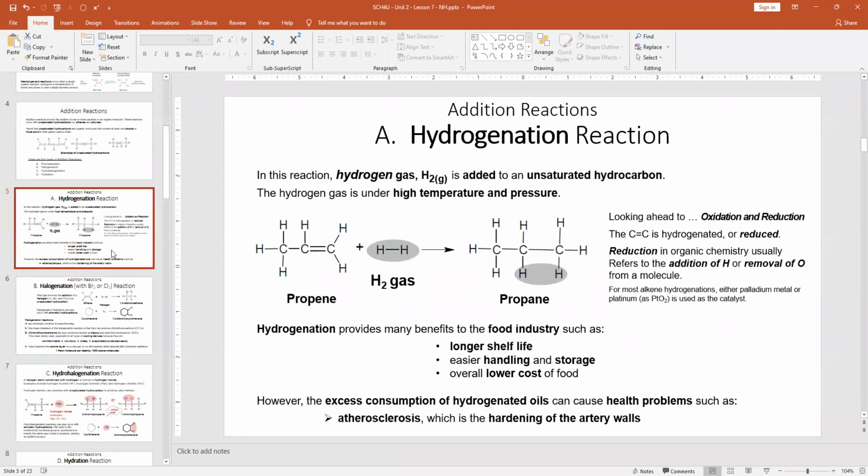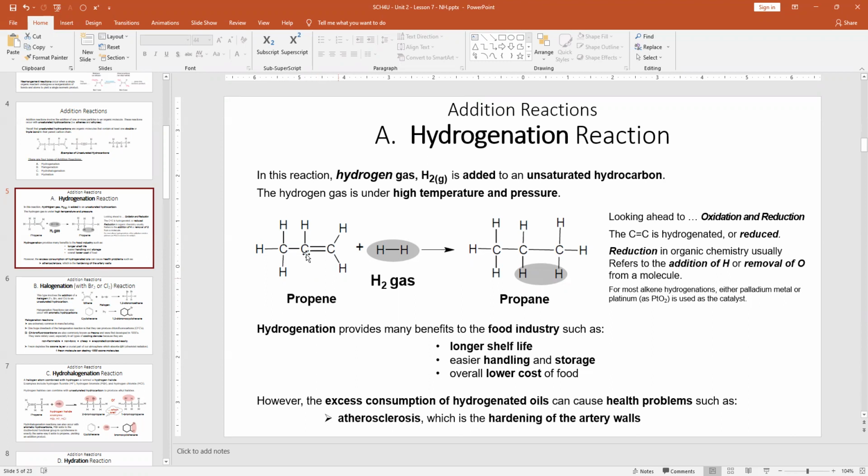So the first type, the hydrogenation reaction, and as the name suggests, it involves hydrogen. In this reaction, you have hydrogen gas, H2, added to an unsaturated hydrocarbon. So again, it's an unsaturated hydrocarbon, either an alkene or an alkyne, a double bond or a triple bond. In this case, it's a propene, 1, 2, 3.